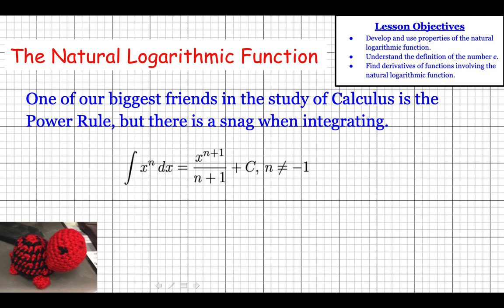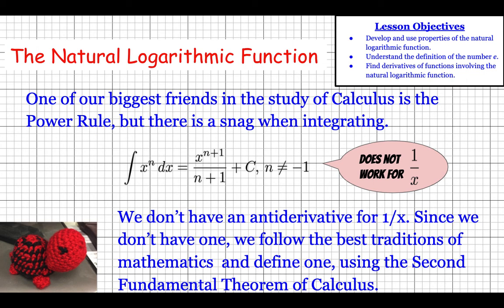The integral of x to the n is x to the n plus 1 over n plus 1, but that's not defined when n is equal to negative 1, because we get a divide by 0, which is a big no-no. So we cannot integrate x to the negative 1, we cannot integrate 1 over x. This is a problem.